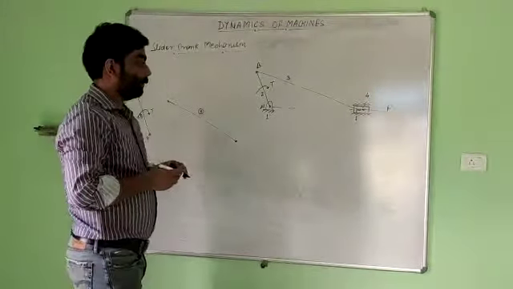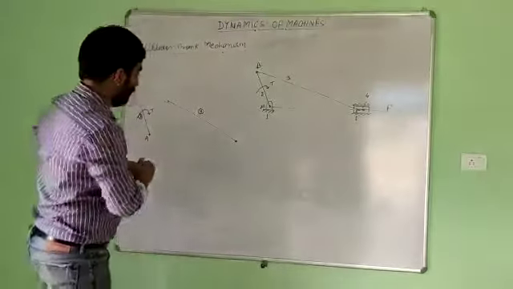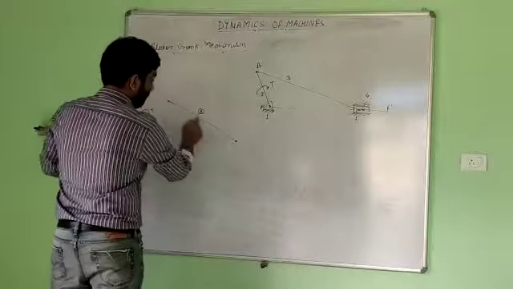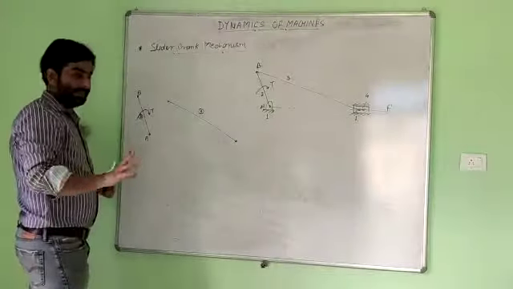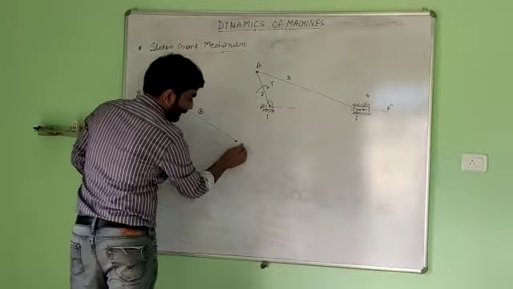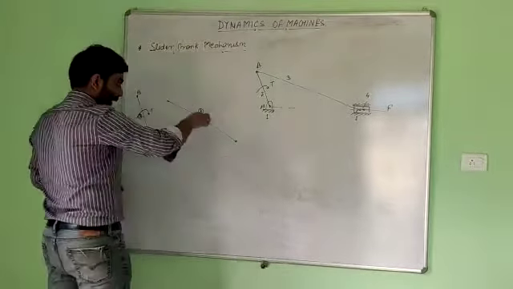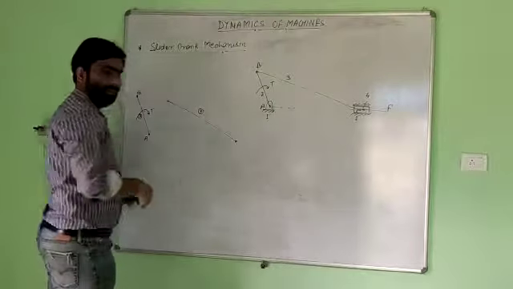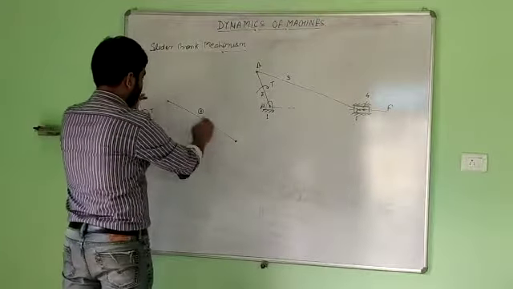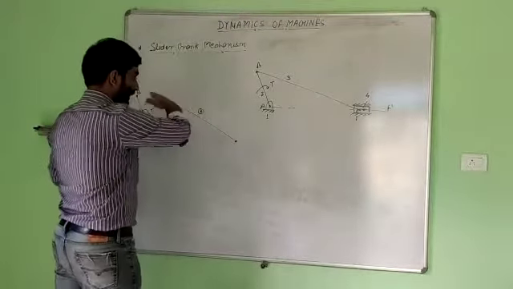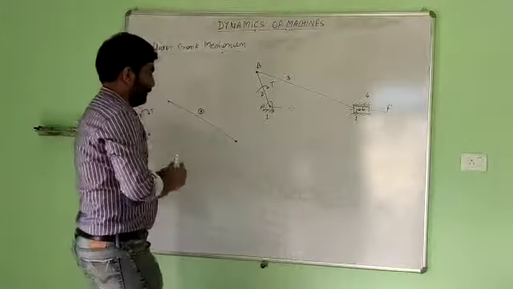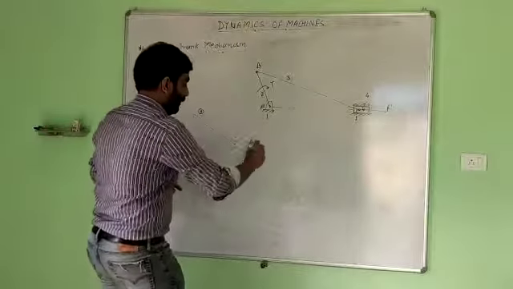In case of a 2-force equilibrium member, the force always acts along the member. So we have the direction: either the force will act like that or like that, but the line of action will remain the same. We know both forces will act along this line, but we don't know the magnitude. So we will move to link 4.